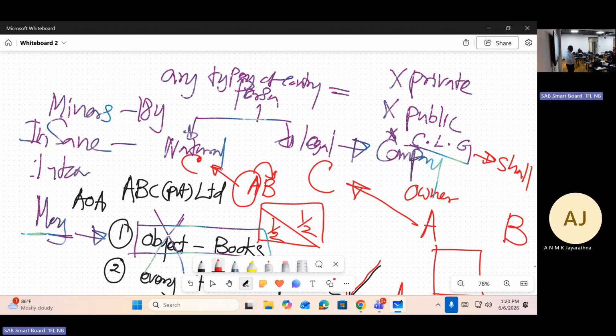I will discuss that later. So here, in order to identify the objects of the company limited by guarantee, the section says it shall mention its objects. Therefore, if it is a company limited by guarantee, they must mention their objects. Right.